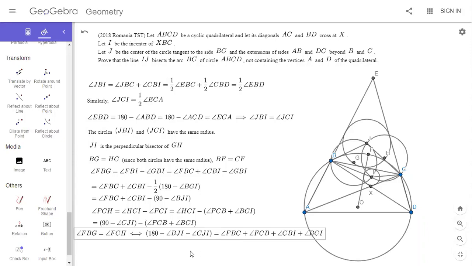Yes, BJI plus CJI is BJC, right? And BJC is 90 plus half of angle BEC. Yeah, so this is 90 plus half of BEC, and then FBC plus FCB plus CBI plus BCI. That's the same as FBI plus FCI.